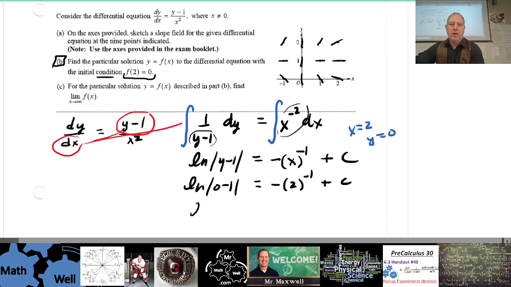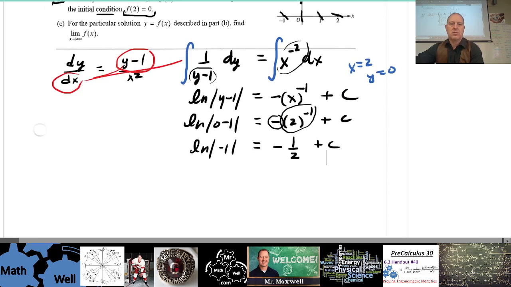So ln of absolute value of negative 1 equals negative 1/2, because this is 1 over 2, and this times negative. Now this ln of the absolute value of negative 1 is going to be ln of 1. So e to the power of what gives us 1? 0. So the value of this is 0.